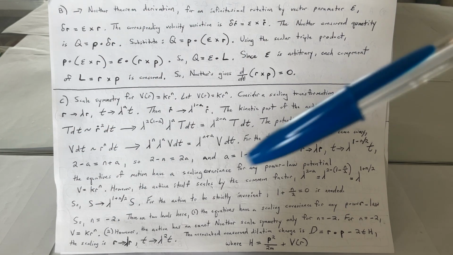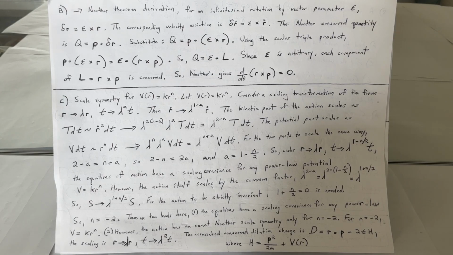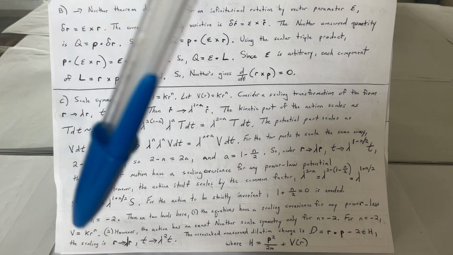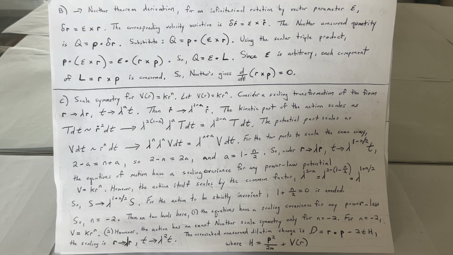And there are two levels here. One, the equations have a scaling covariance for any power law, V equals k r to the n. And two, however, the action has an exact Noether scale symmetry only for n equals negative 2. For n equals negative 2, the scaling is r goes to lambda r, t goes to lambda squared t.